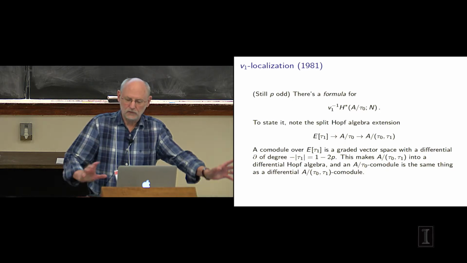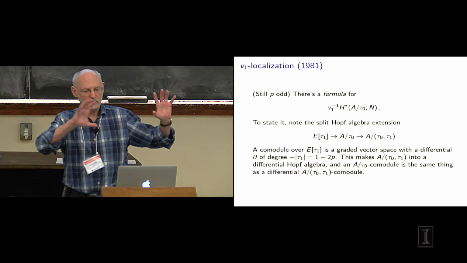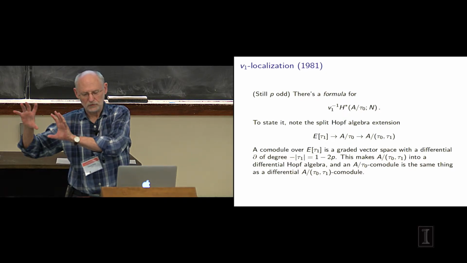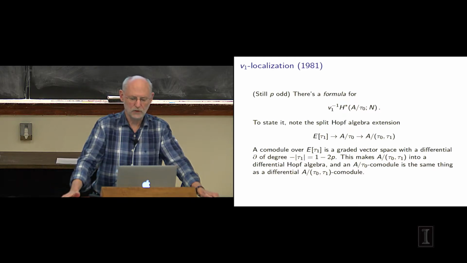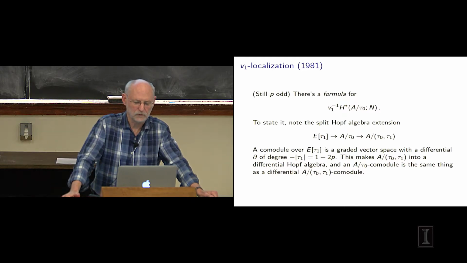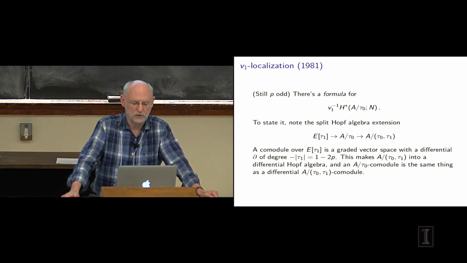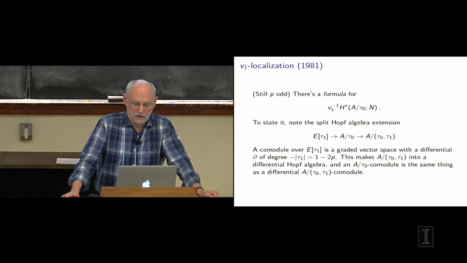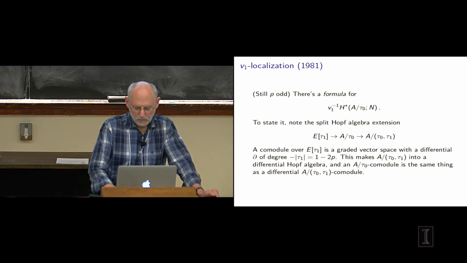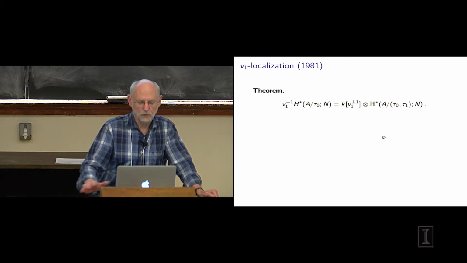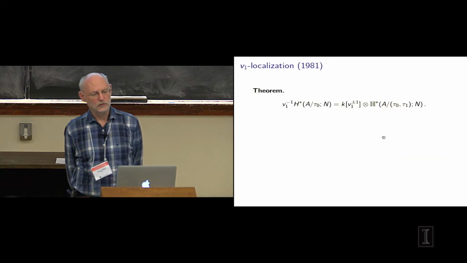And this is a split extension, so there's an expression for an A mod tau 0 comodule as a differential A mod tau 0 tau 1 comodule in the category of comodules over the exterior algebra. So that's just a different way of looking at it, but in those terms you can say what the localization is, and here's the formula that I was mentioning.